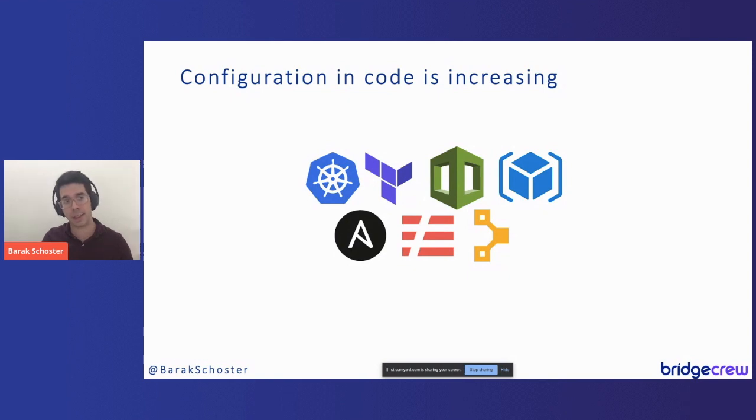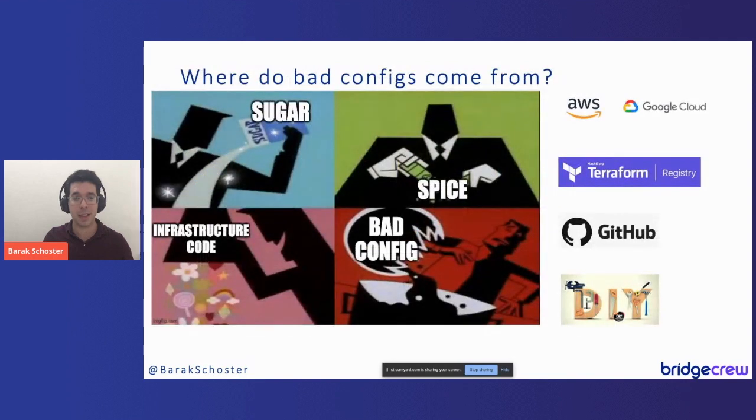The issue with these configuration as code frameworks is that they might bring with them some unrecognized risk. And it's not because those frameworks create a risk, it's because people are writing more and more code, more and more configurations, and they are not always aware of the misconfigurations inside that code.